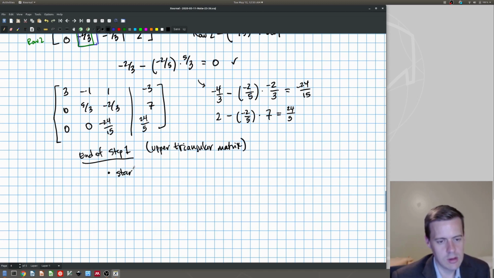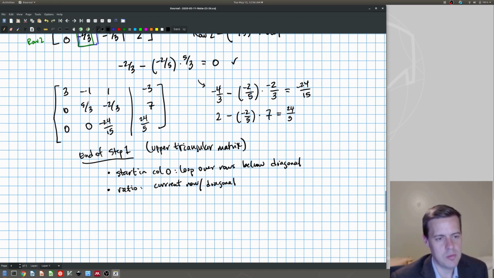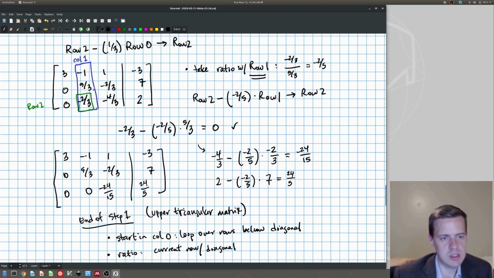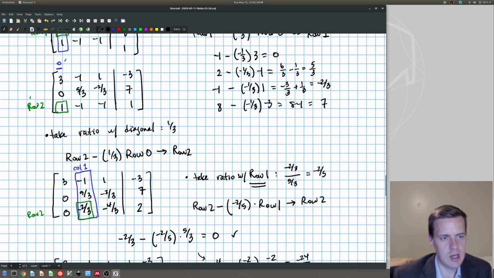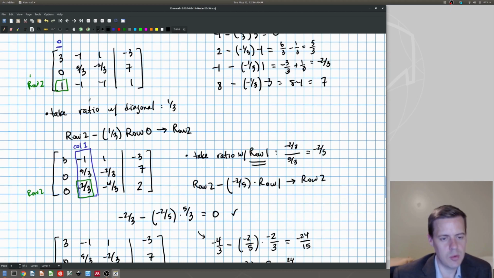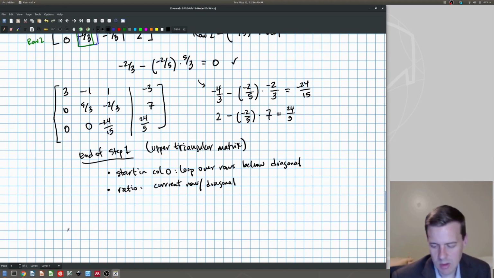I start in column 0, and then I looped over rows below the diagonal. I needed to make a ratio. The ratio was of the current row divided by the diagonal, divided by the guy that I cared about. So it was this piece divided by the piece on the diagonal. This guy divided by the one on the diagonal. That was how I made my ratio.